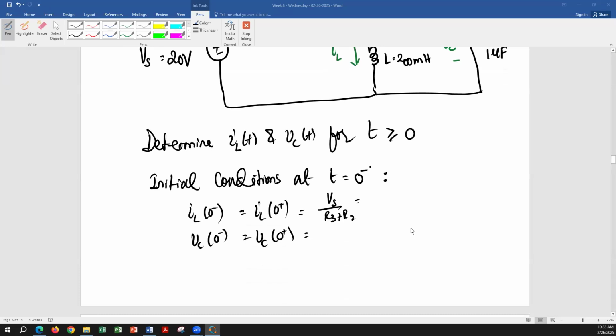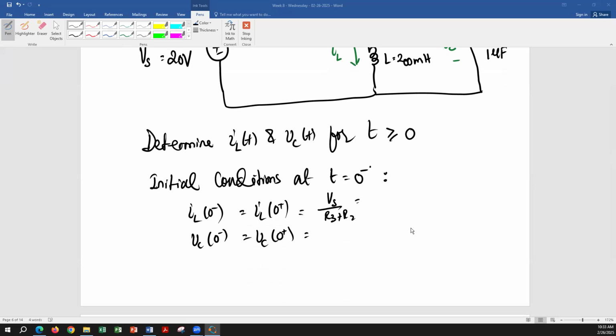So IL0 is Vs over R3 plus R2. R3 is undefined. Why is R3 undefined? Oh, because I did not define it. That's why it's undefined. R3 is 100.